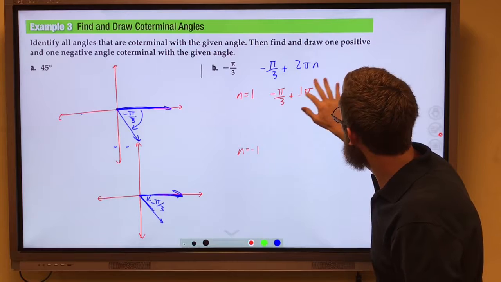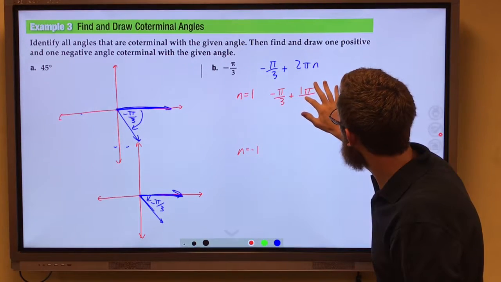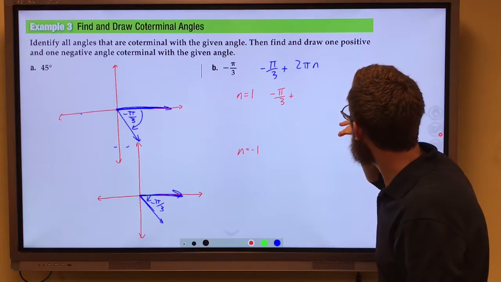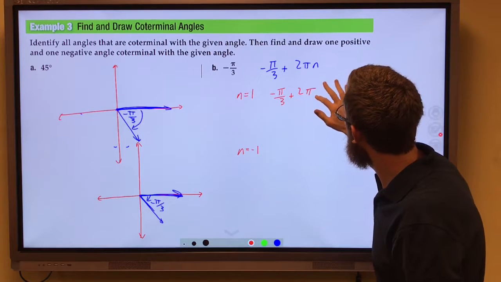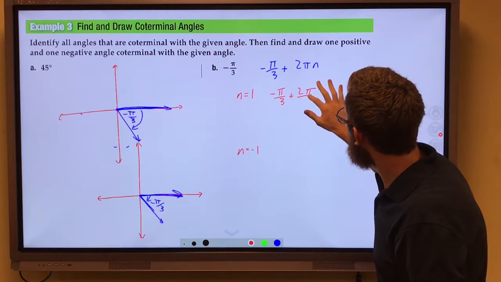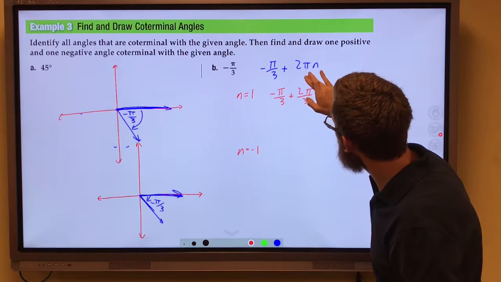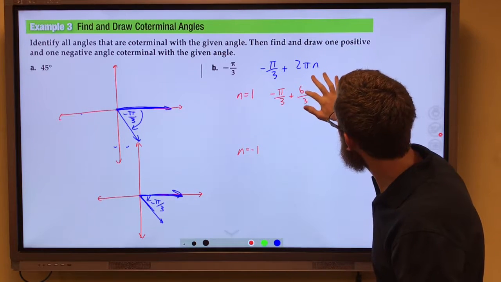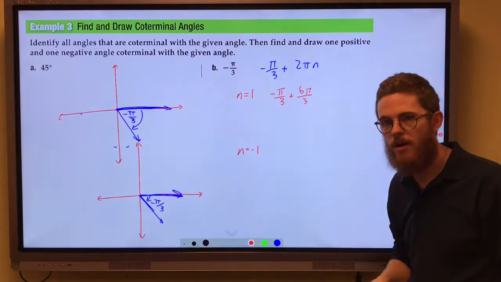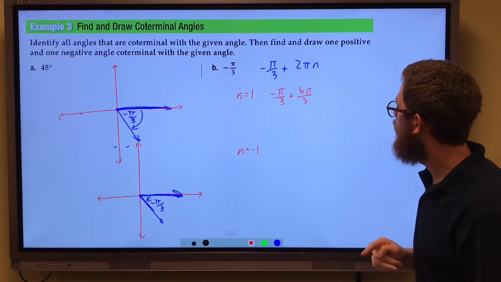This would be 1 pi over 2 pi. If I make this a 3, I have to make this a 6. So I multiply the top and the bottom by 3 to get that common denominator.